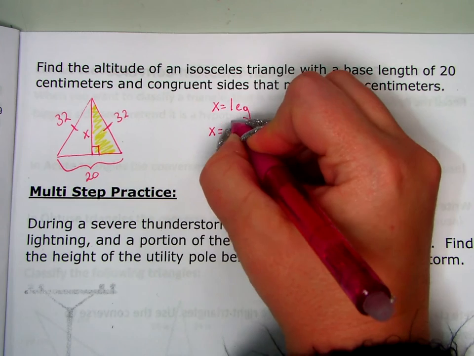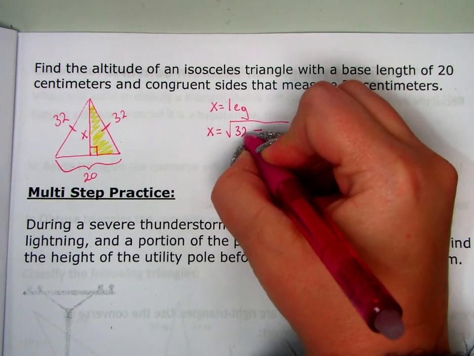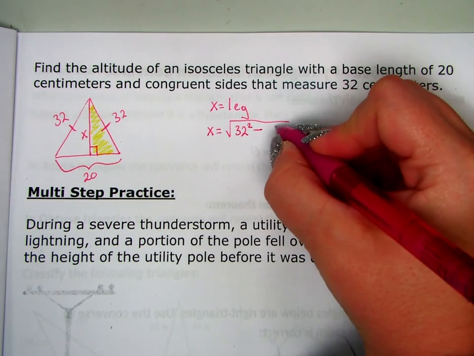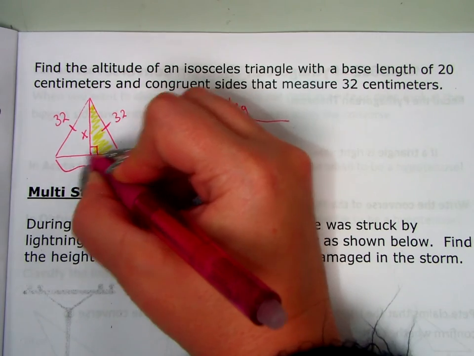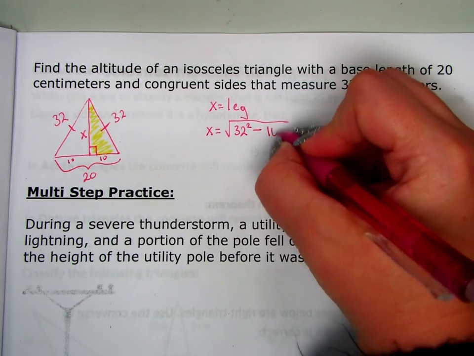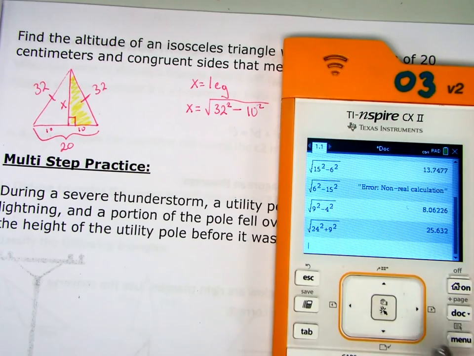A leg. So am I going to add or subtract? Subtract. What number goes in first? 32. Don't forget to square it. What number goes in second? What is it? 10. Don't forget to divide it in half. Squared.